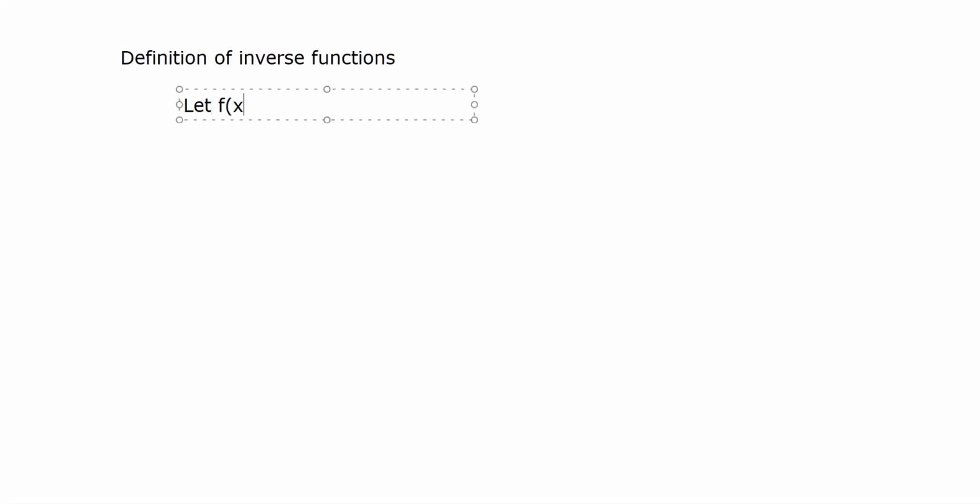So let's formally state the definition of inverse functions. Let f of x be a 1-to-1 function. The only way you're going to be able to take an inverse is if you're starting with something that is 1-to-1.